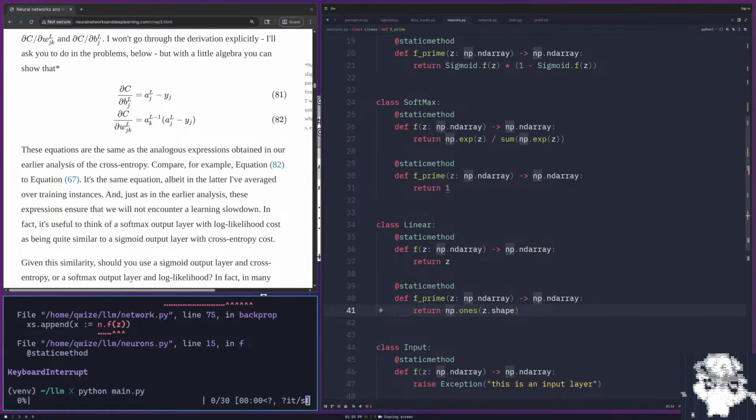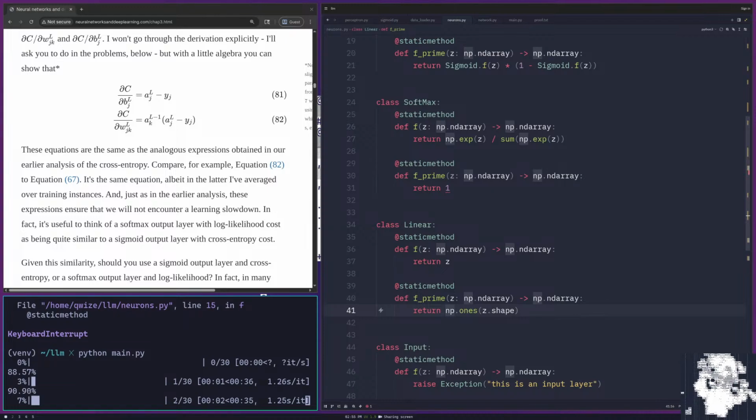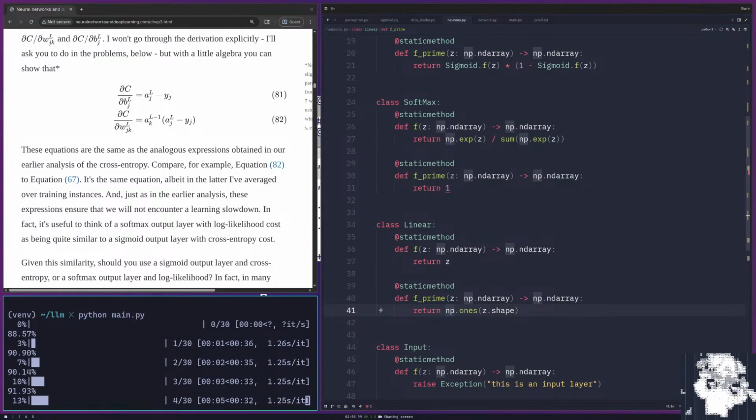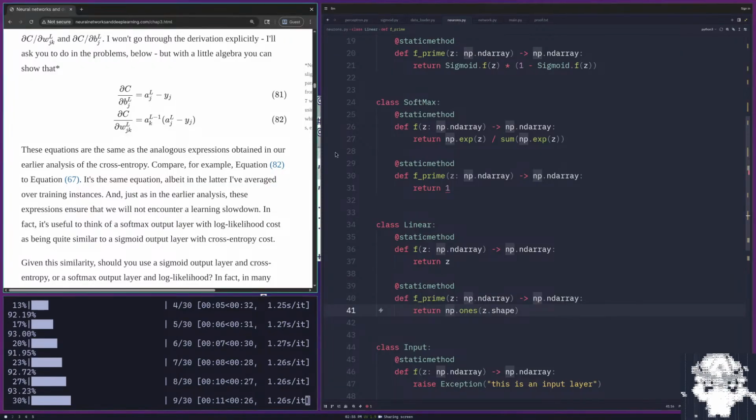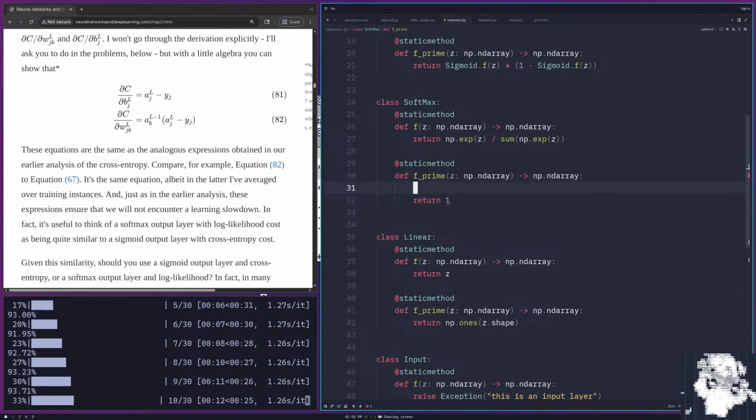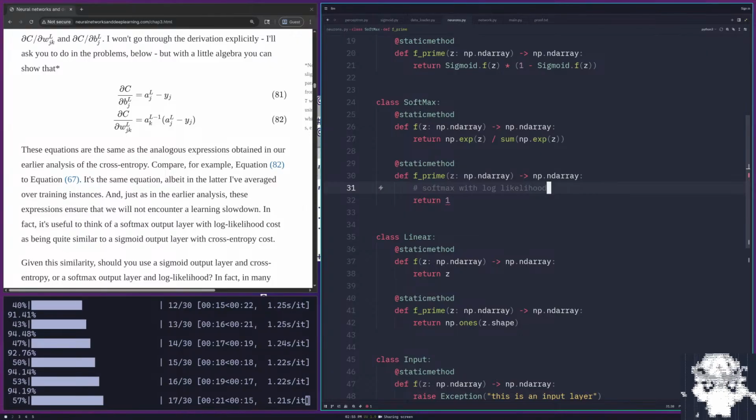This is not actually the correct derivative, but this is now going to act as though it's a softmax with a log likelihood. Which is really weird to think about, and it's working well.